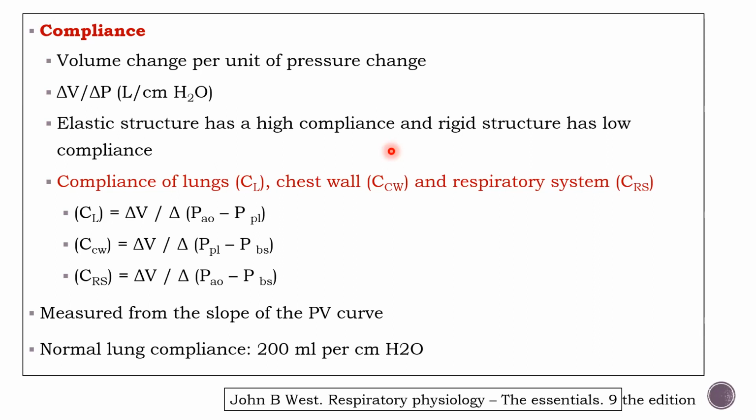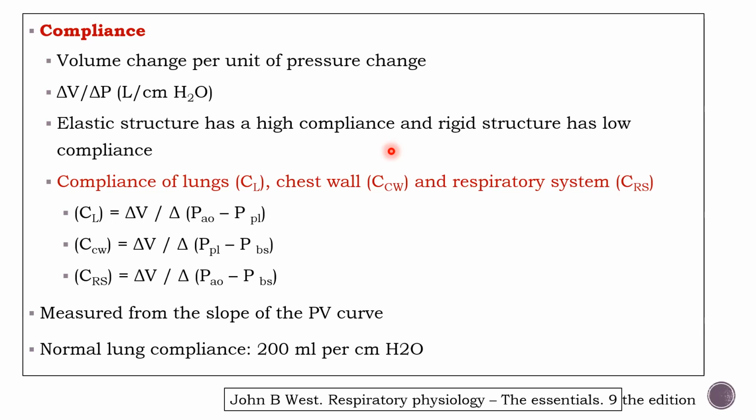Now, how does it help in your understanding of lung mechanics? If your lung is less compliant, the change in the volume for a change in the pressure will be less. If a lung is highly compliant, the change in the volume for a change in the pressure will be high. Understood?